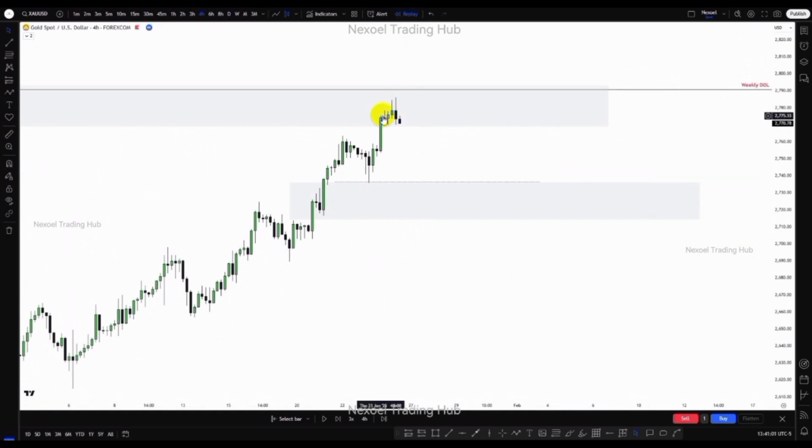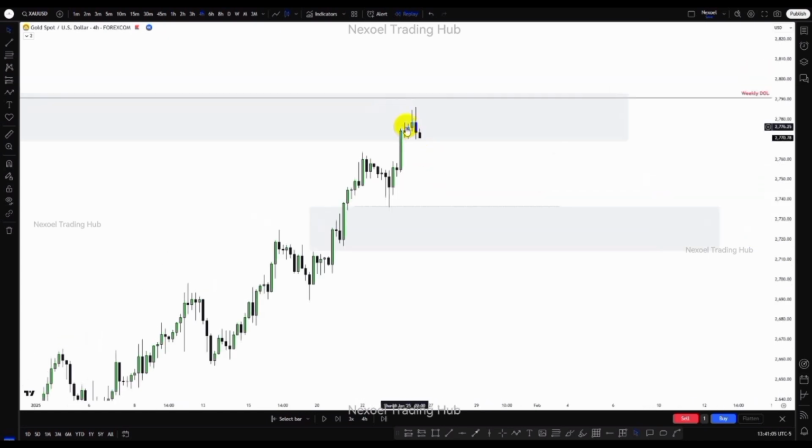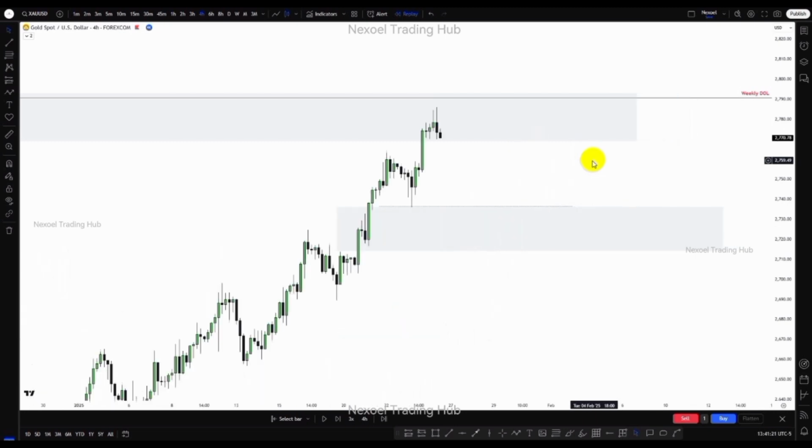We can see that this bullish colored candle took out the high of this candle, and we have volume closing below that. Next we have this bearish colored candle taking out this high, and volume closing down below this bullish colored candle low. So we have the possibility of bearish movement to the downside, since we can see price reacting at the daily bearish order block.